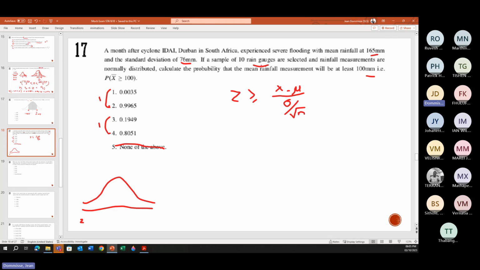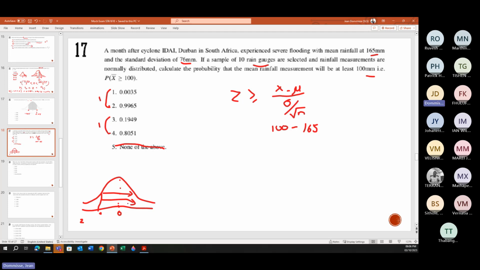Okay, so let's quickly look at what the X is. So at least 100. Your mean was 165. That already tells me I'm going to lie on the negative side, because that is going to be negative. Somewhere here is going to be negative, and I need to work out that area.